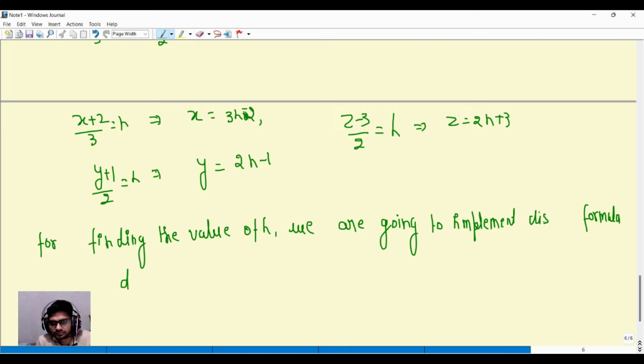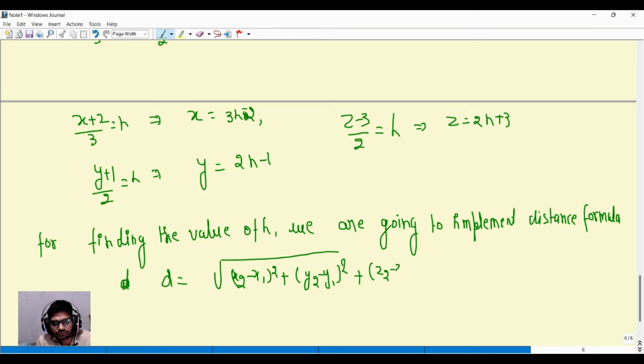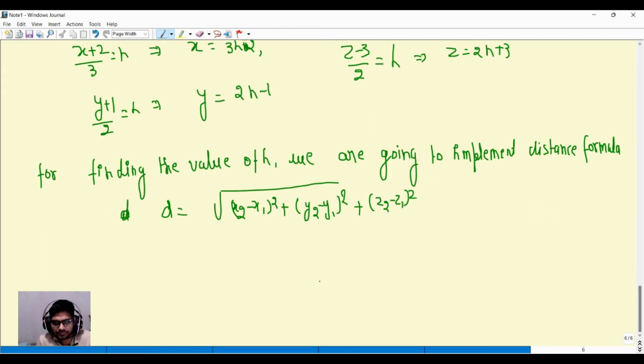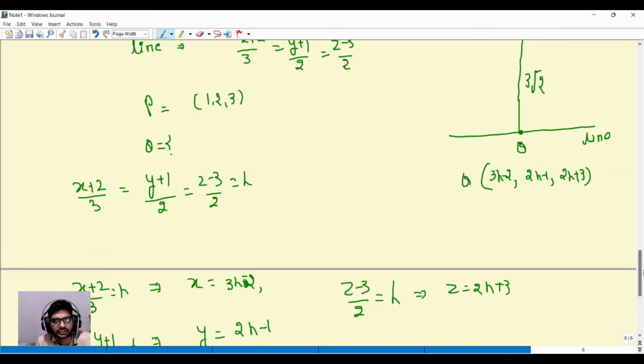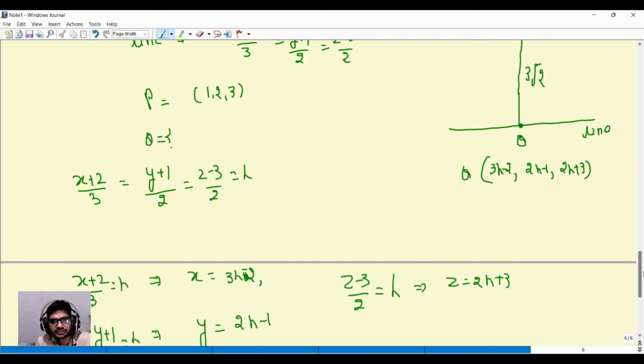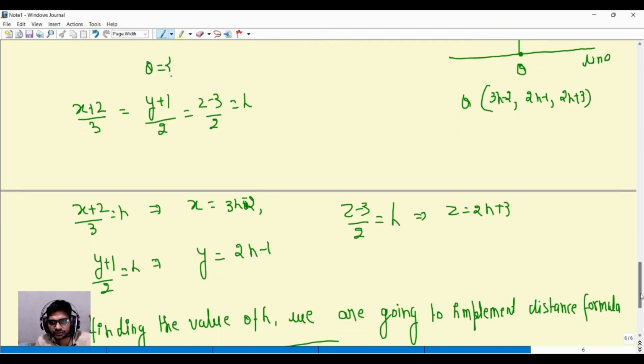Distance equals the square root of (x2 - x1) whole square plus (y2 - y1) whole square plus (z2 - z1) whole square. Here we take the point P as x1, y1, z1, and the coordinates of Q as x2, y2, z2.